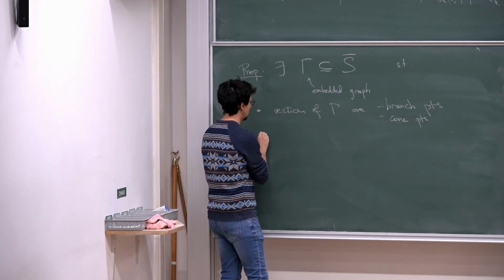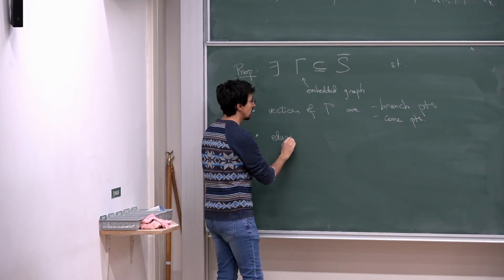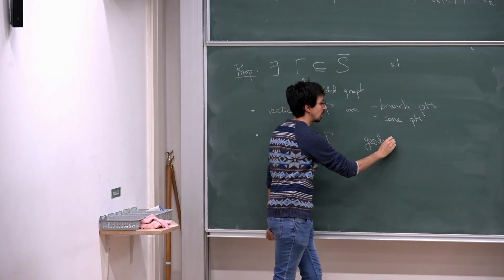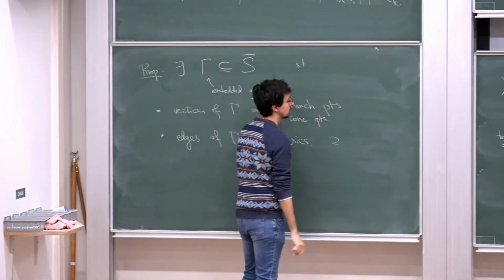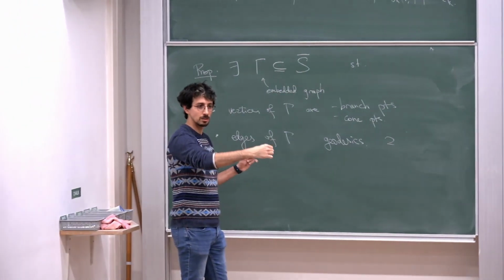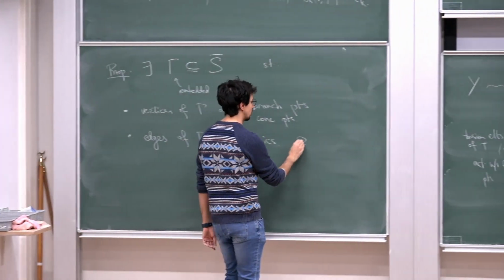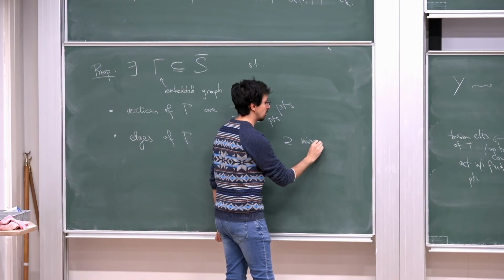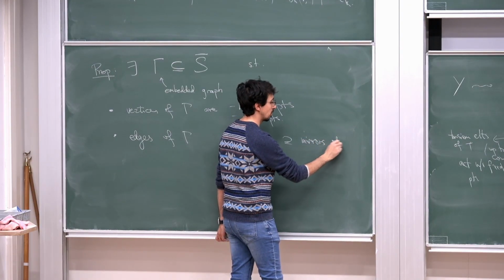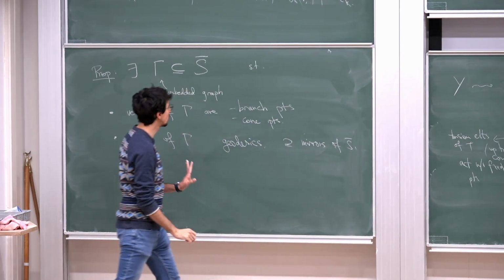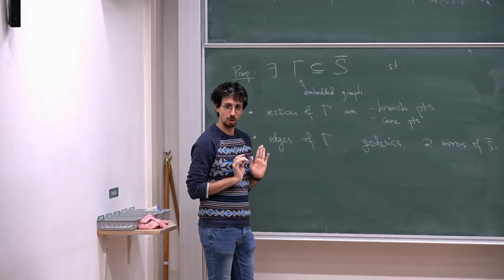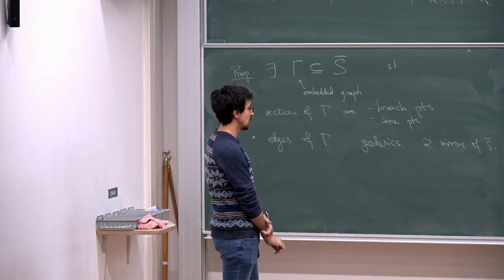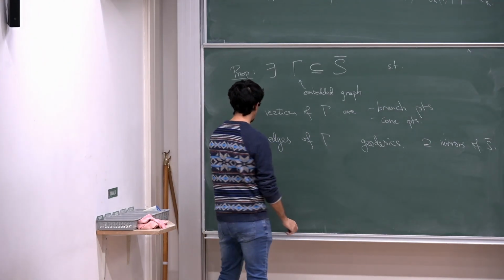Edges of gamma are going to be geodesics, and are going to include all of the mirrors of this orbifold, if this means anything to you. Note that S bar is not yet a surface, it's an orbifold. Eventually we want to get something that is a surface.